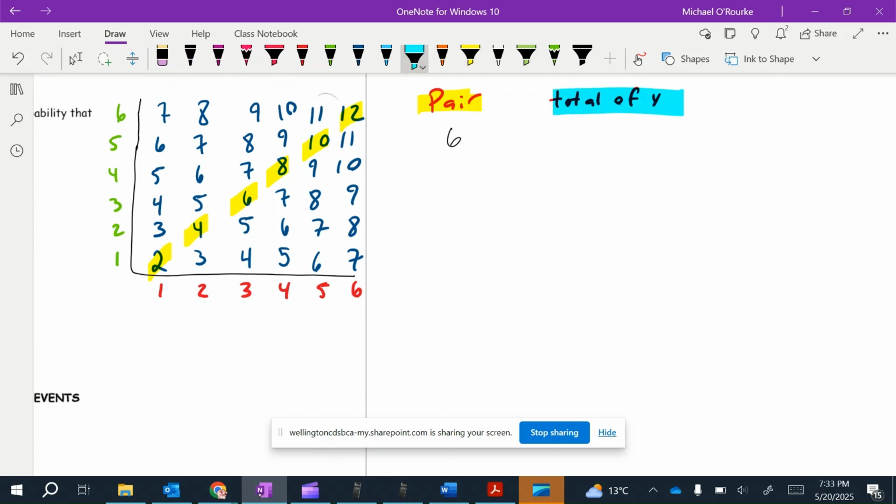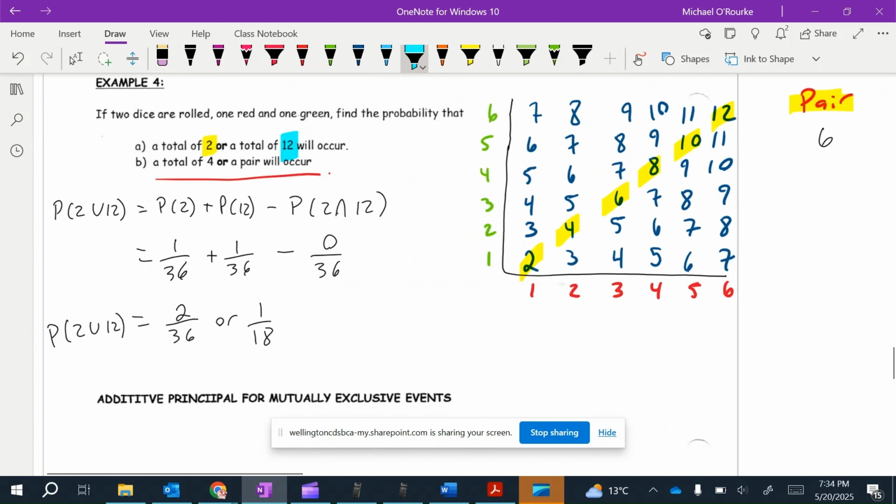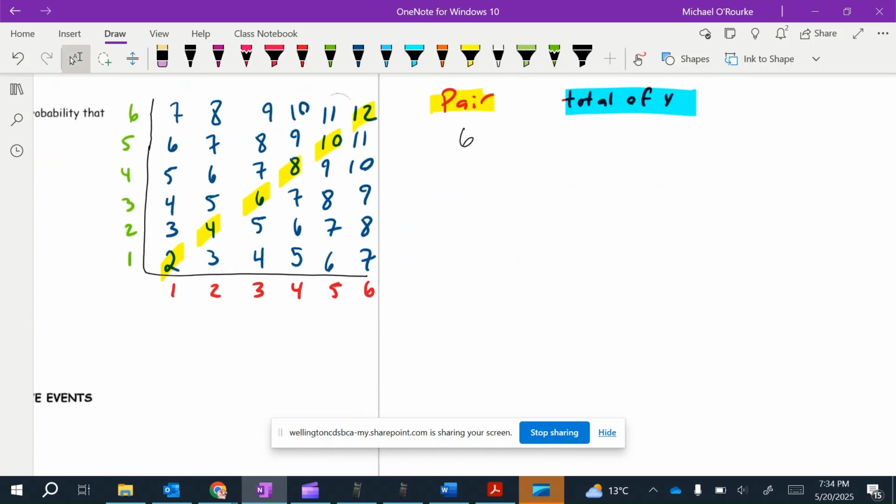Now, a total of 4 just occurs here and here. So in that case, it's 2.